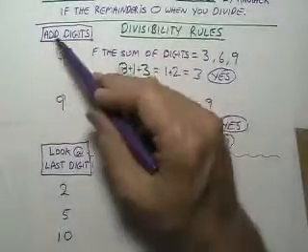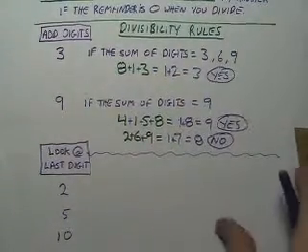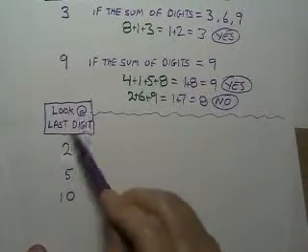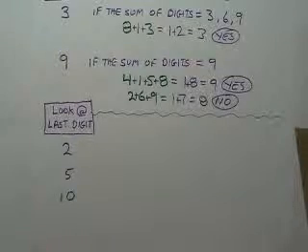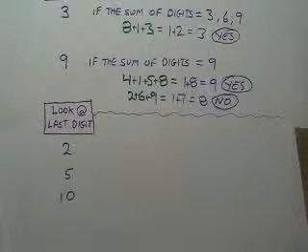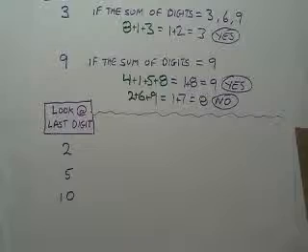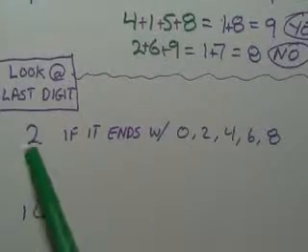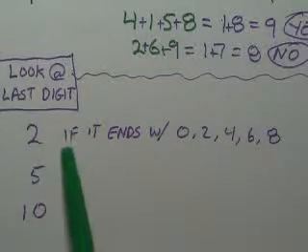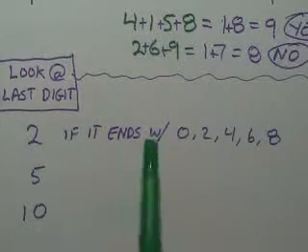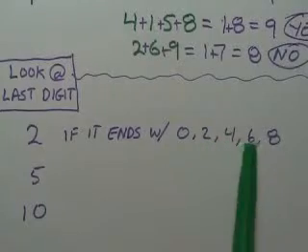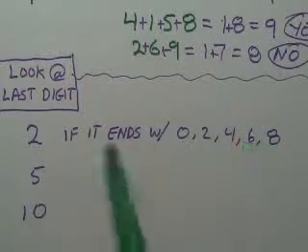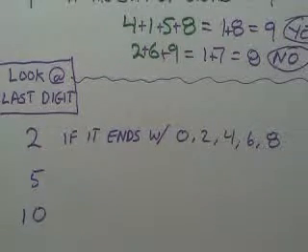Okay, so for 3 and 9, we added the digits to see if the number is divisible by 3 or 9. Now, if we're going to look at 2, 5, and 10, you look at the last digit. The rule for 2 is that if the last digit is 0, 2, 4, 6, or 8, then the number is divisible by 2.